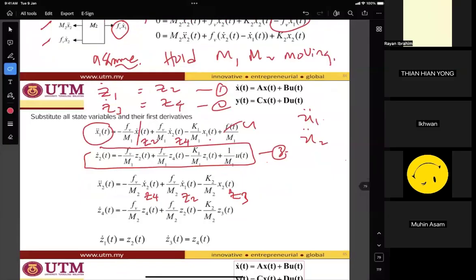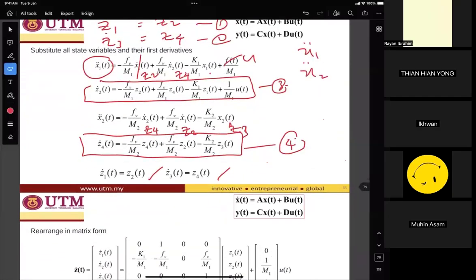So now we already have the 4 state equations. Rearrange 1 and 4.